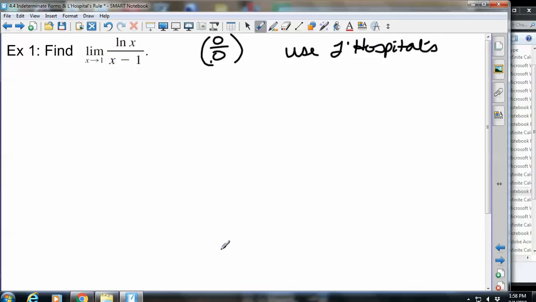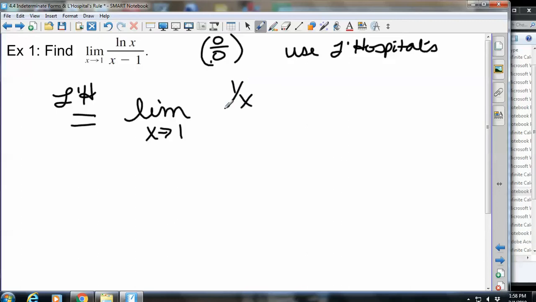I would like for you to denote when you use it, so you can write that you're using it. What I do most of the time is I just put an equal sign with an LH over the top, telling you that I've done L'Hopital's rule. And it says, since it's 0 over 0, we can do the limit as x approaches 1 of the derivatives. What's the derivative of natural log x over the derivative of x minus 1?